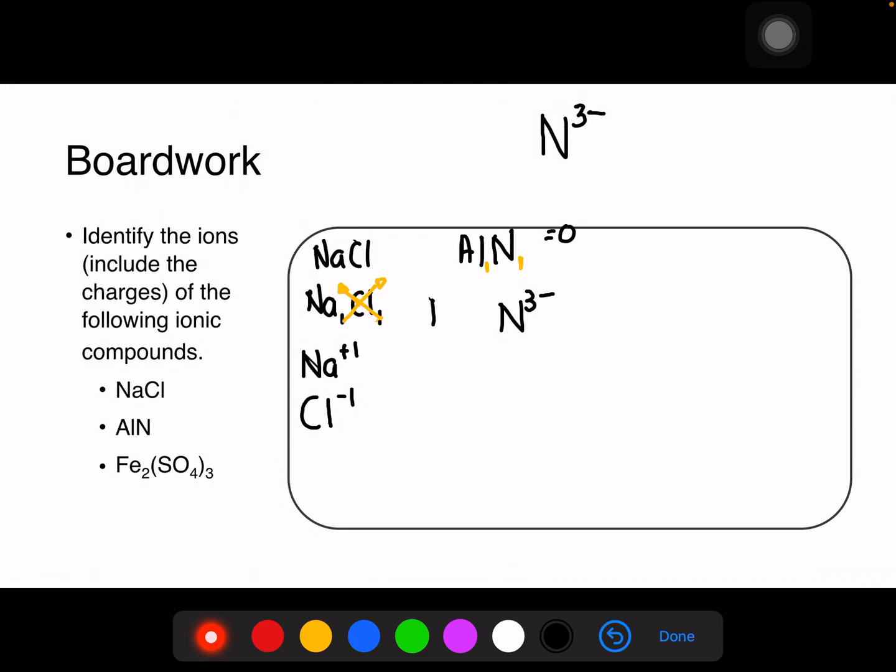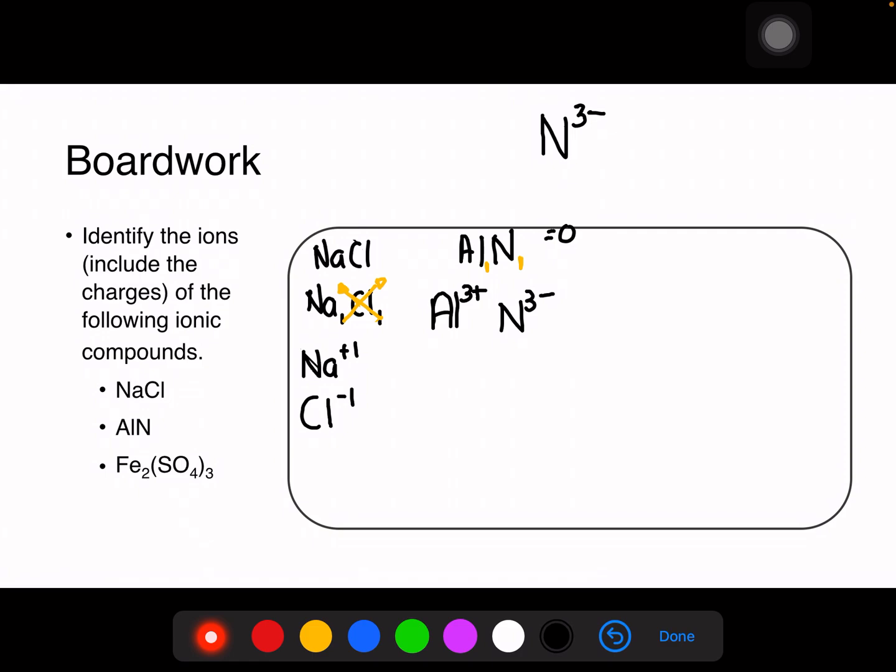So you just need to think of a charge for aluminum that, when added to the negative 3 charge of nitrogen, will be equal to 0. So for that case, that is positive 3.